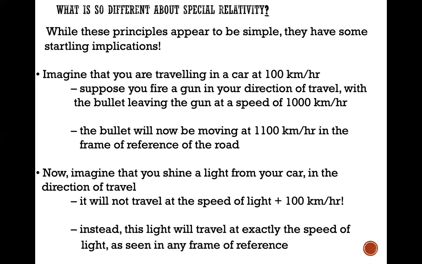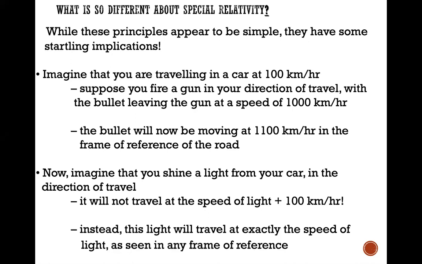For example, you are traveling on a car or a motorbike and you suddenly switch on your headlight. Now you know that the light has its speed, let's say 300,000 kilometers per hour, as I have mentioned.